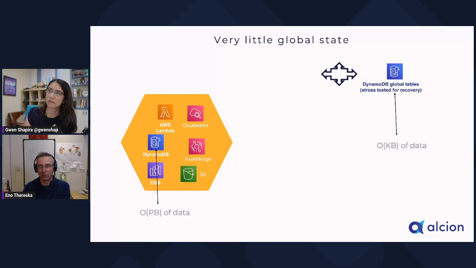You can think of it as just like one cell, but it's not really a cell, and that state is heavily replicated and heavily backed up as well. And we do disaster recovery exercises on those kilobytes of data. So this is where you do need a little bit of state, but most of the rest, the petabytes, should really reside inside the cell.